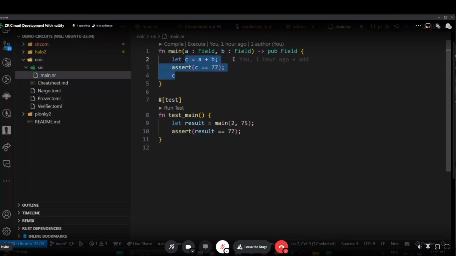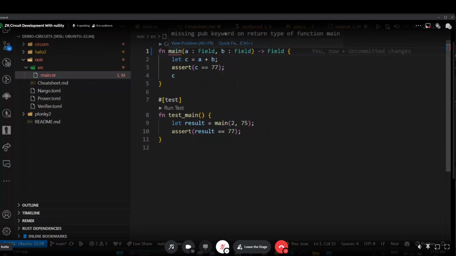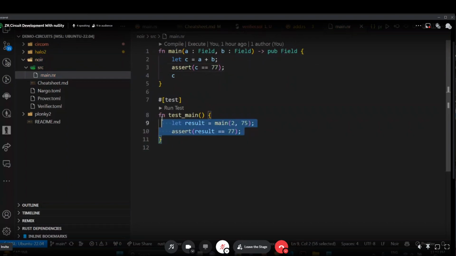So we're doing the same thing, adding A and B and saying it has to be equal to 77 and returning C. In Noir, all the outputs have to be public, and you specify that keyword, or else it would give you an error. There's a missing pub keyword. And I just wrote a small test to see if it indeed passes.